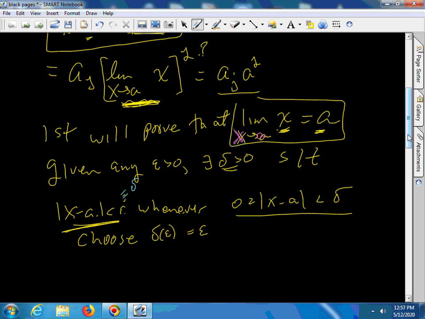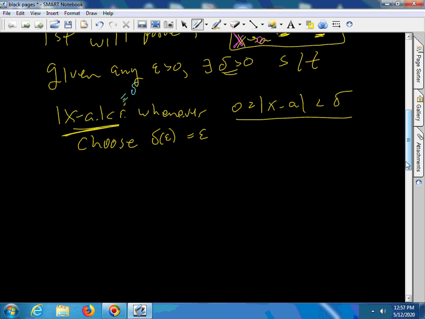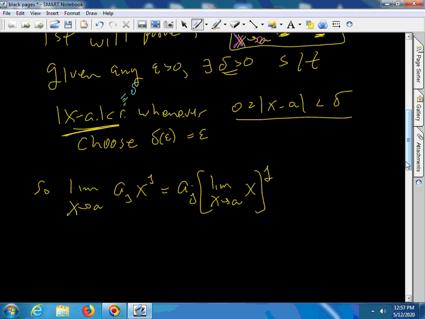So the limit as x goes to a of a j x to the j, I can pull out the a j, and instead of taking the limit of x to the j, I can just take the limit of x and raise that answer to the j.